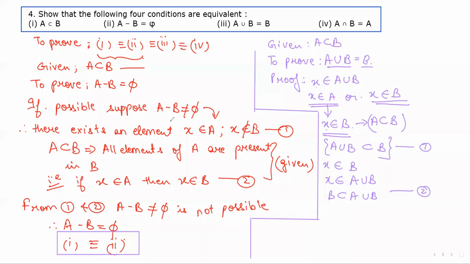Now to avoid confusion, let's consider another element apart from X. So from 1 and 2, we can easily say that A union B is equal to B. Therefore, your first condition is equivalent to your third condition.